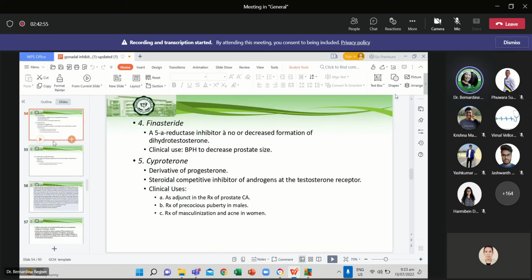Okay? Finasteride. Try to look in your drug index what is the brand name of finasteride. Okay? To decrease prostate size.